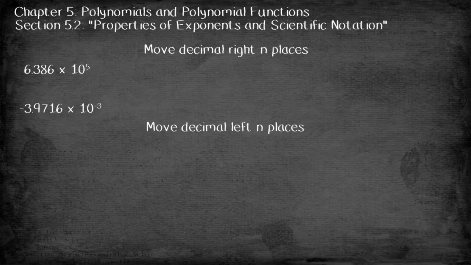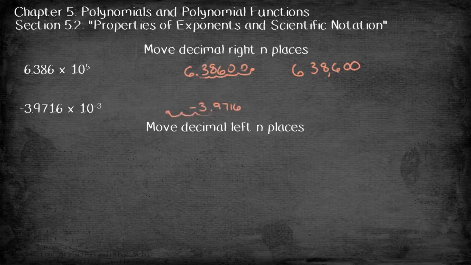For the first number, 6.386 times 10 to the 5th would be, of course I have to fill in zeros, but I get 638,600. And for the negative exponent, I have to move to the left 3 places. And there we have the conversion.